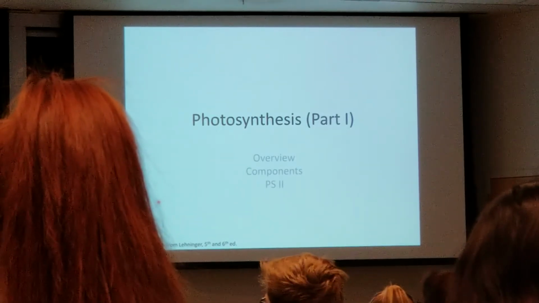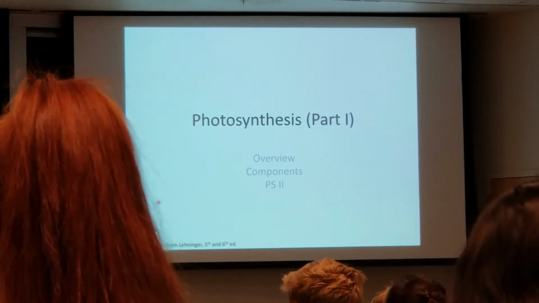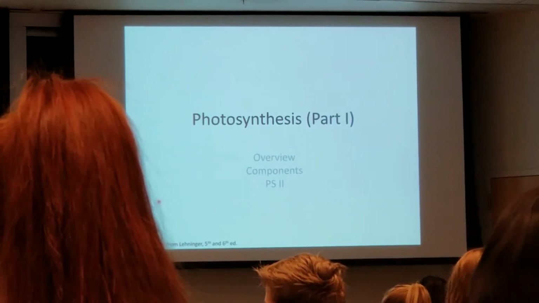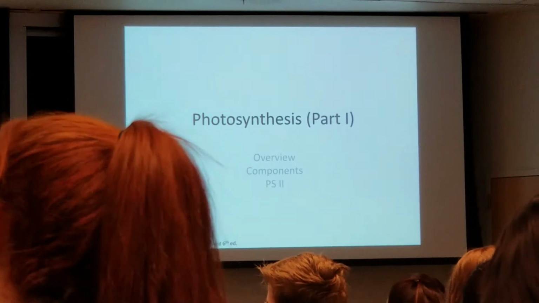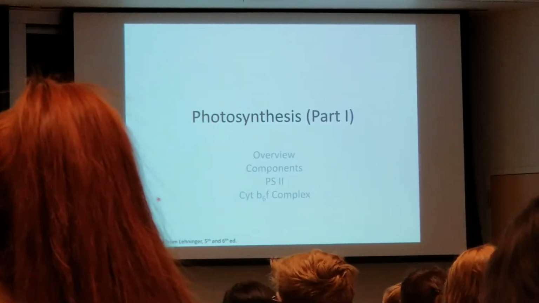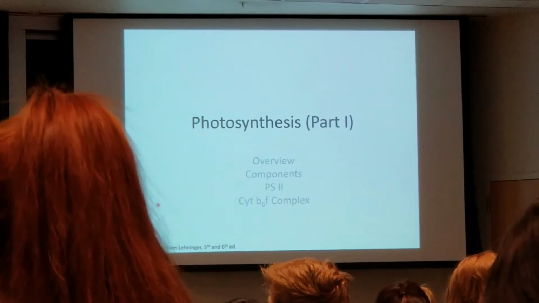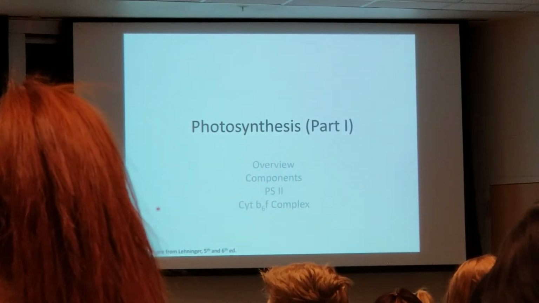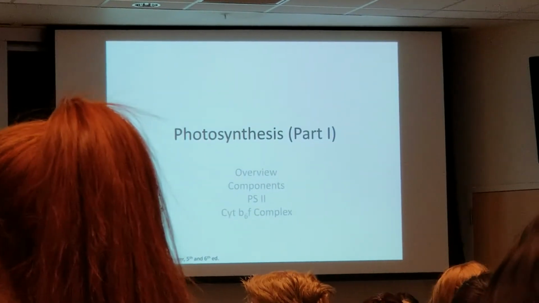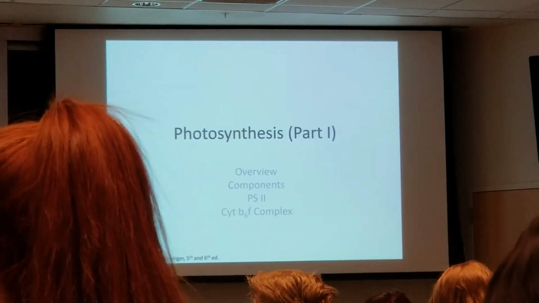And maybe get to photosystem 2. PS stands for photosystem. Roman numeral 2, there's 2 photosystems, PS1, PS2. I don't think we're going to get to the cytochrome B6F complex, but the cytochrome B6F complex is the chloroplast version of complex 3 in the mitochondria.